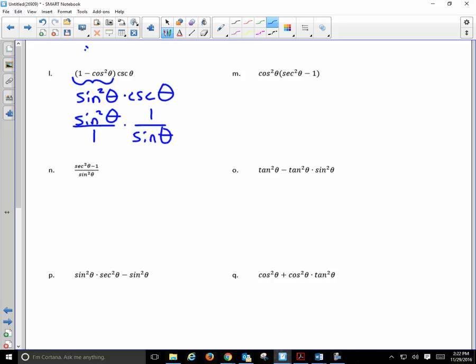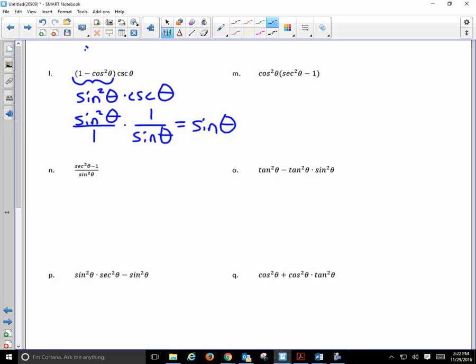What will cancel? One of the sines. This is sine times sine. So one of the sines cancels, and that will leave you with just sine of theta. See that? So what we want to do today is recognize certain relationships that we could substitute in, and then do what we did yesterday. See if you could try M on your own.